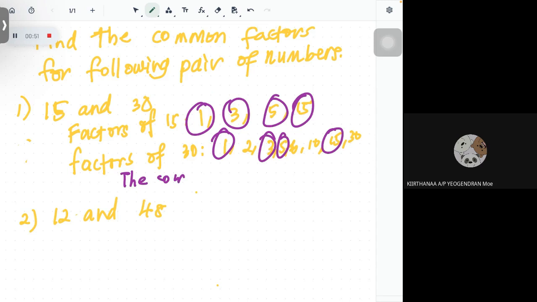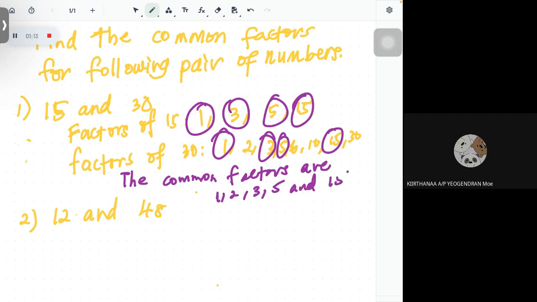The common factors are 1, 3, 5, and 15. Okay, can you understand? Yes.